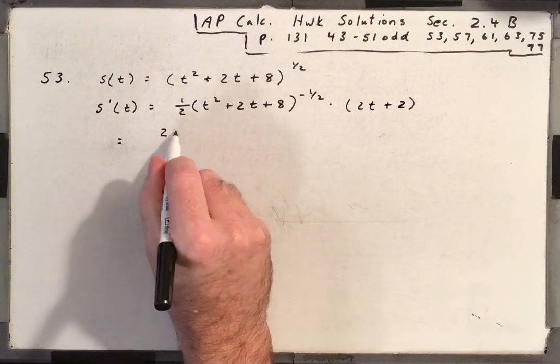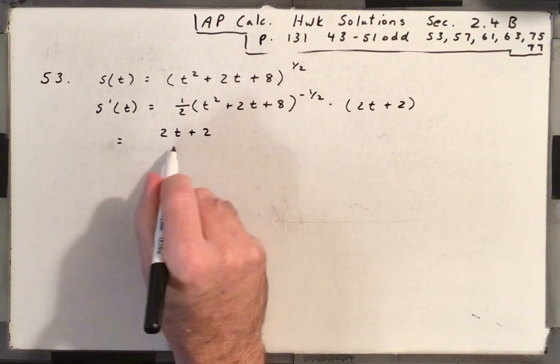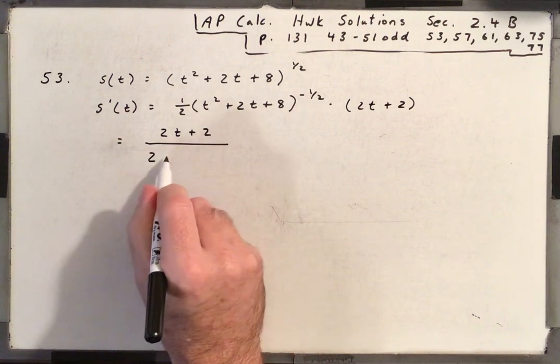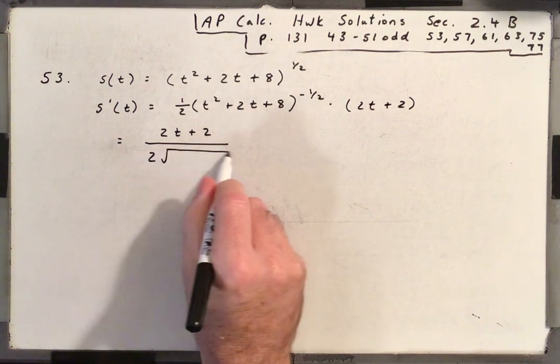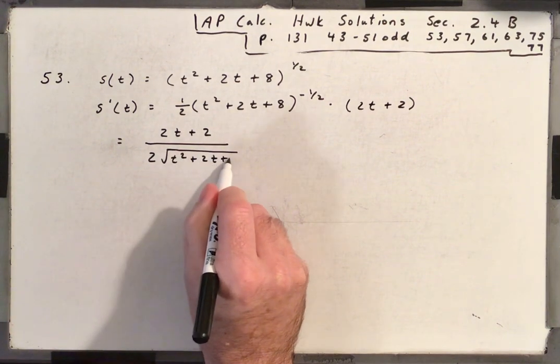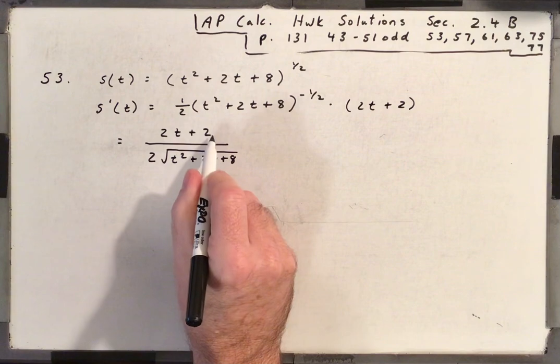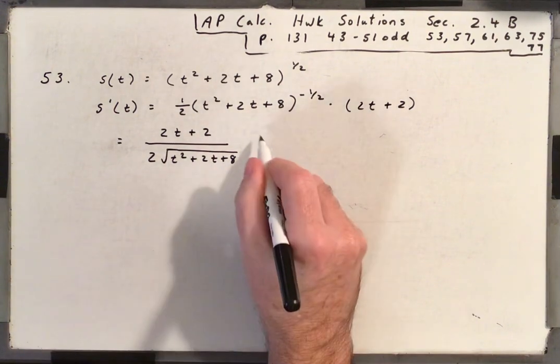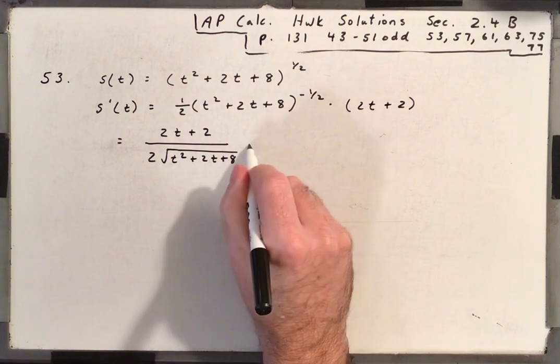We would have 2t plus 2 on top, and on the bottom, 2 times the square root of t squared plus 2t plus 8. Now, if you want to factor a 2 out of the top and you have a 2 on the bottom and cancel, that might make it easier to plug it in.